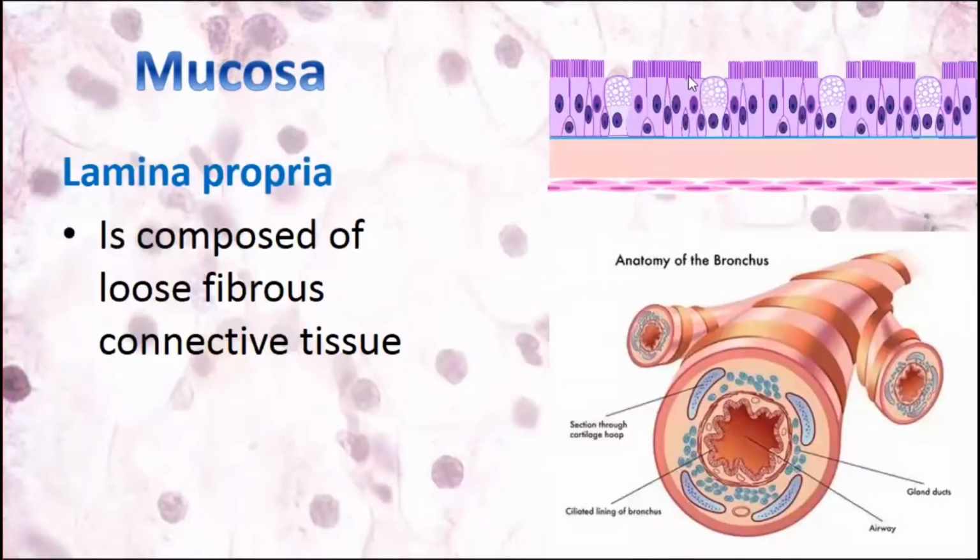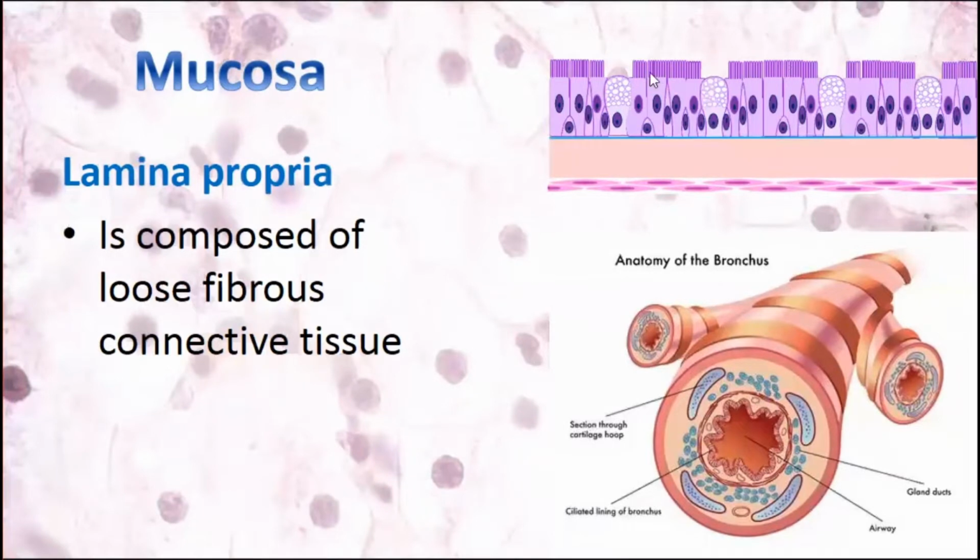And under the epithelium, we can see a layer of loose fibrous connective tissue, and this layer is called lamina propria. Lamina propria is composed of loose fibrous connective tissue with blood vessels and nerves. These connective tissues always follow epithelia.